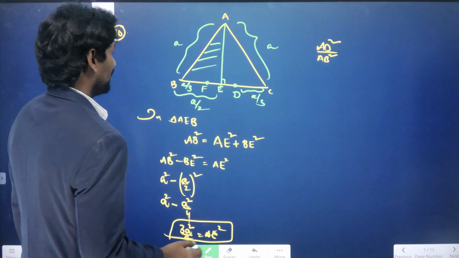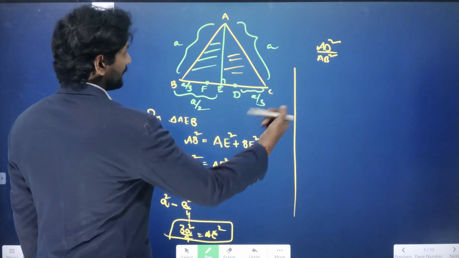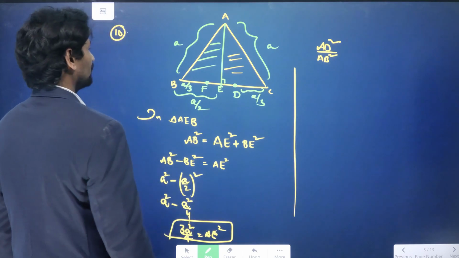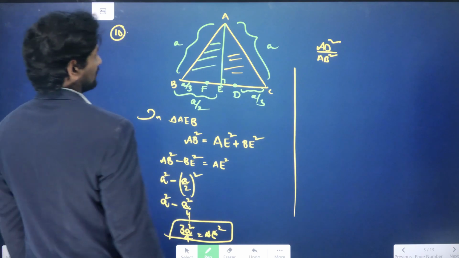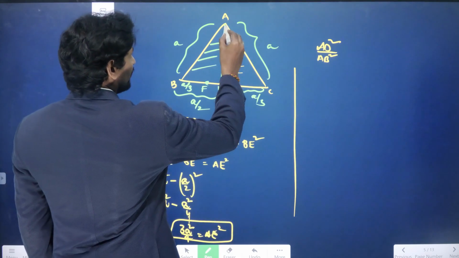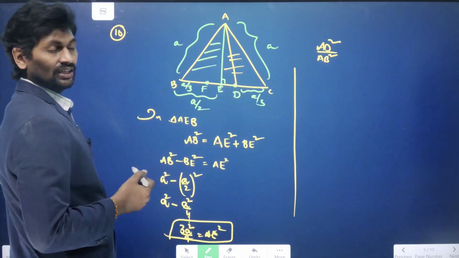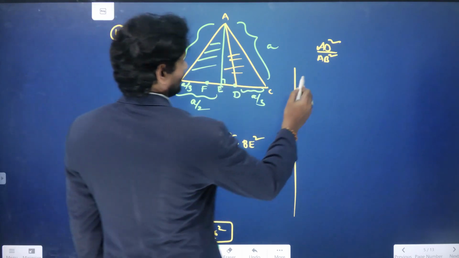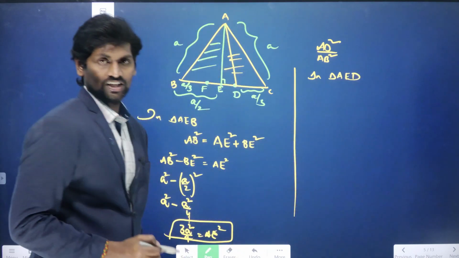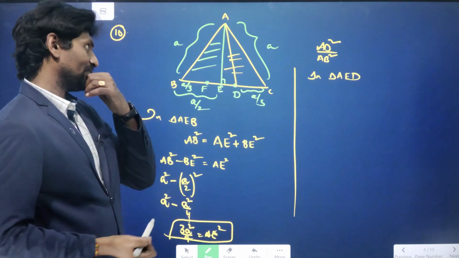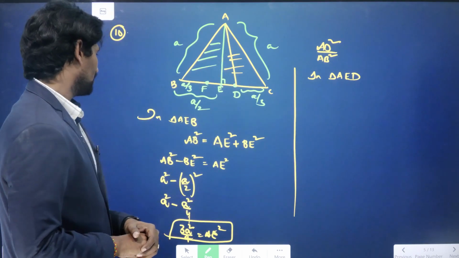Now let us move on to the right side triangle, AED. In triangle AED, again we apply the Pythagoras theorem, because AD square value should be involved.